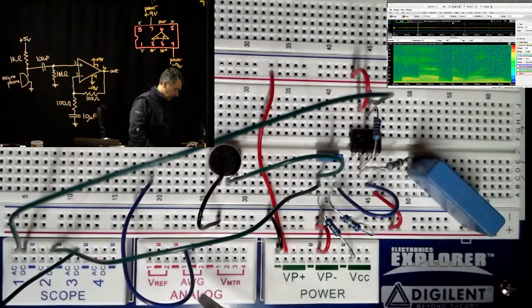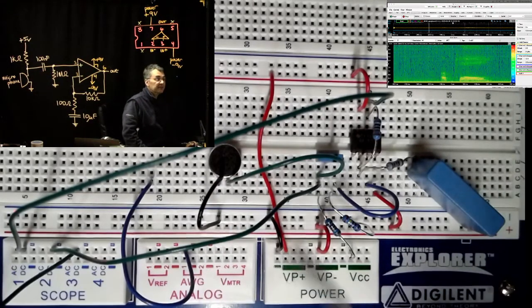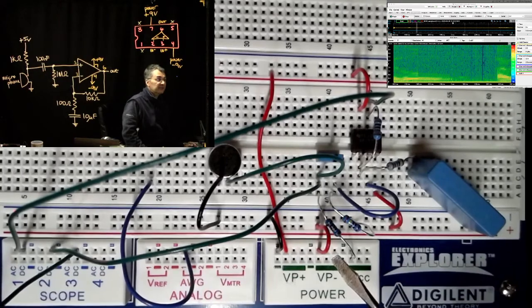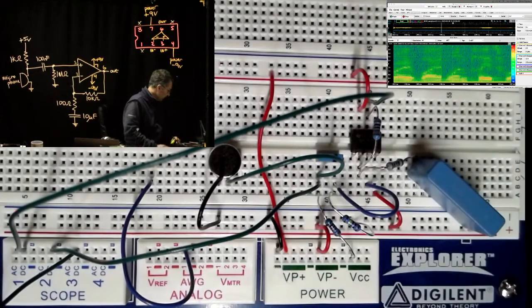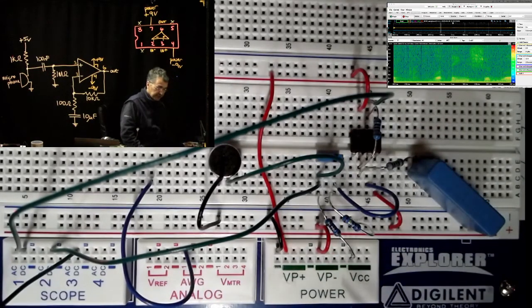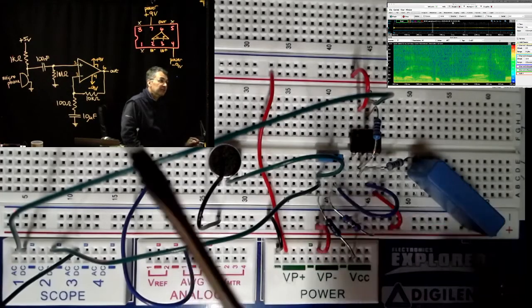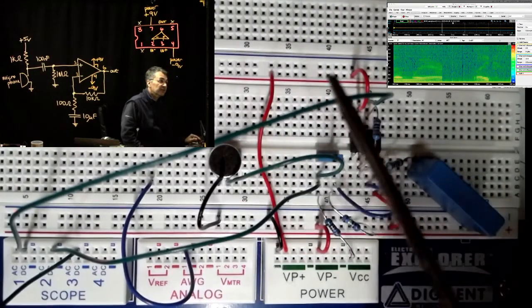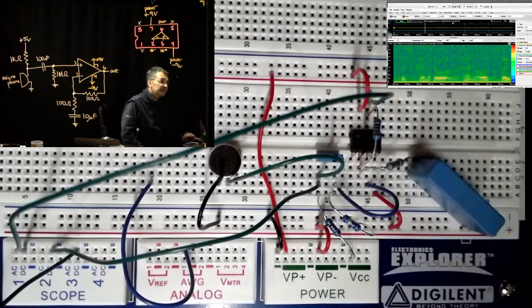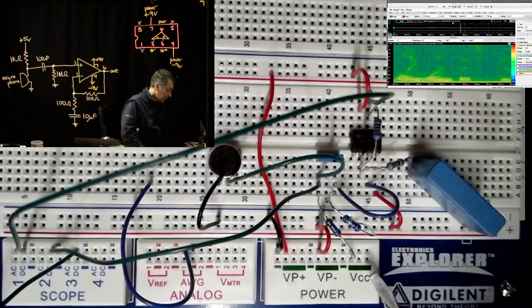the 1K. Okay, so I was a little sneaky here. This is one place where I violated my rule that things should look like the schematic, because it was too convenient to bring this 1K resistor down here to VCC. I didn't really know where I would put VCC if I put it up higher. Somehow it would be natural to have VCC somewhere up here, so it looks like the schematic, but there's only one thing that goes to VCC.